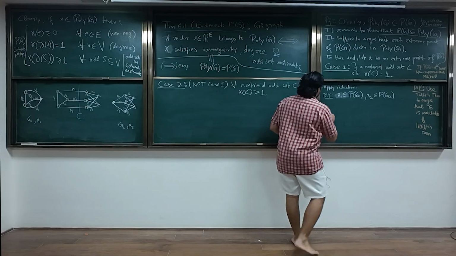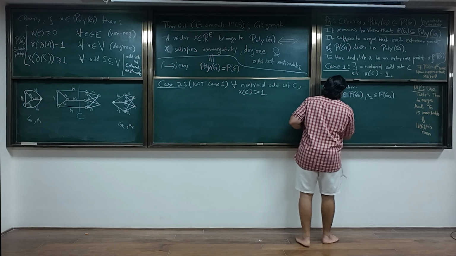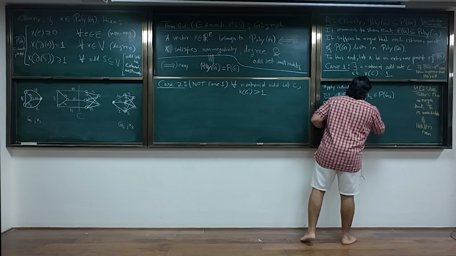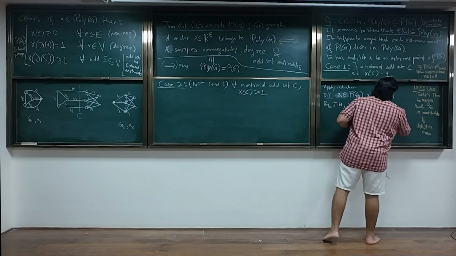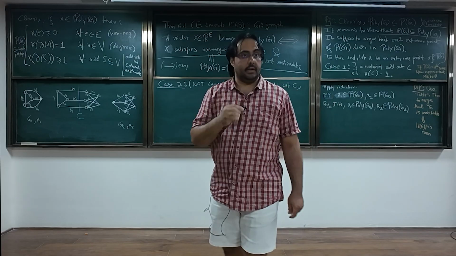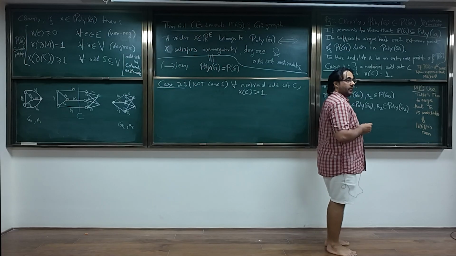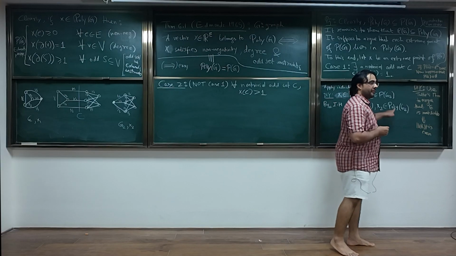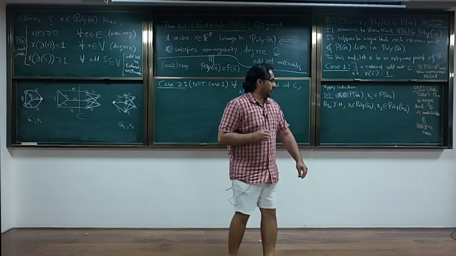If you solve this DIY, then it follows by the induction hypothesis that x1 belongs to the perfect matching polytope of G1 and x2 belongs to the perfect matching polytope of G2. Because it is a non-trivial cut, they have fewer vertices, that is clear, right? Therefore, you can write x1 as a convex combination of perfect matchings of G1, and you can write x2 as a convex combination of perfect matchings of G2. Okay, is that fine? Then we'll have to argue.